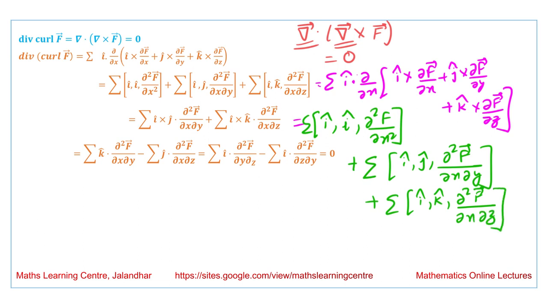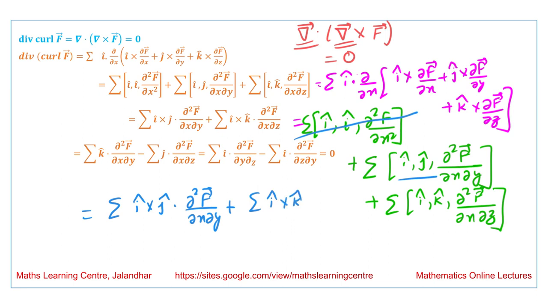Now if we solve these values, the first term is 0, the i cap over there, this term will be 0. From the second term, we get sigma i cap cross j cap dot ∂²f vector/∂x∂y plus sigma i cap cross k cap dot ∂²f vector/∂x∂z.